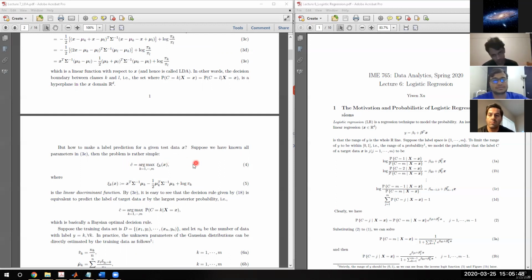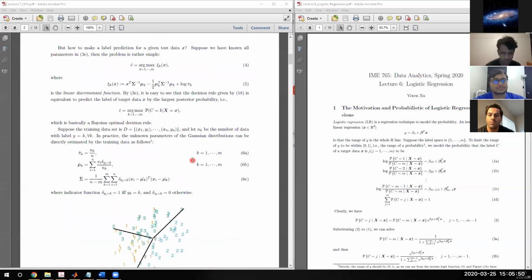This is very simple, and we estimated the prior distribution, the mean, and the sigma, which is the common covariance matrix, in this way.